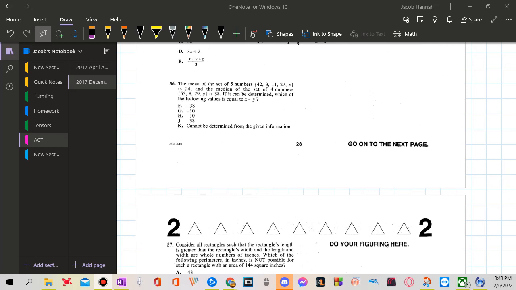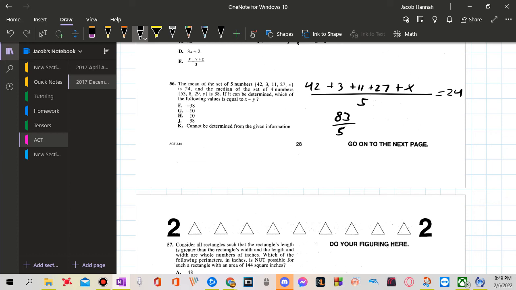Alright, the mean of the set of 5 numbers, 42, 3, 11, 27, and x, is 24. Let's find the mean: 42 plus 3 plus 11 plus 27 plus x, divided by how many numbers there are, 5, is equal to 24. 42 plus 3 plus 11 plus 27 is 83.